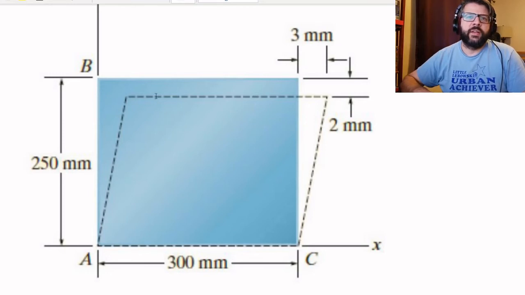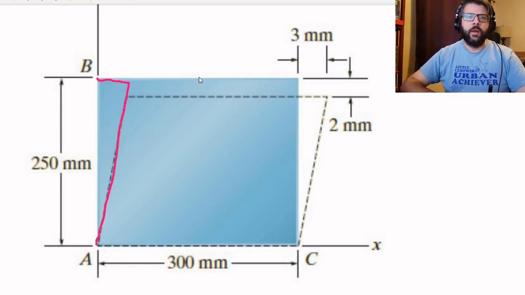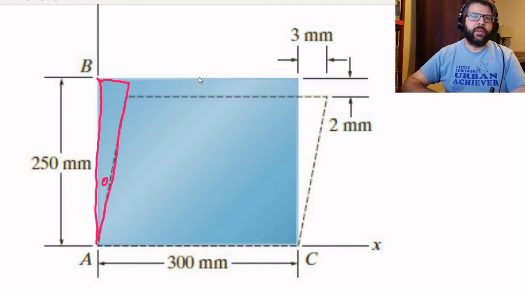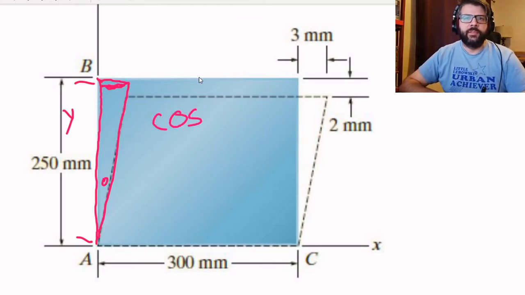So essentially, when we get this angle here shifting over to here, the angle is small enough that when we calculate the new y distance here, we can make the small angle assumption that cos theta is going to be equal to 1.